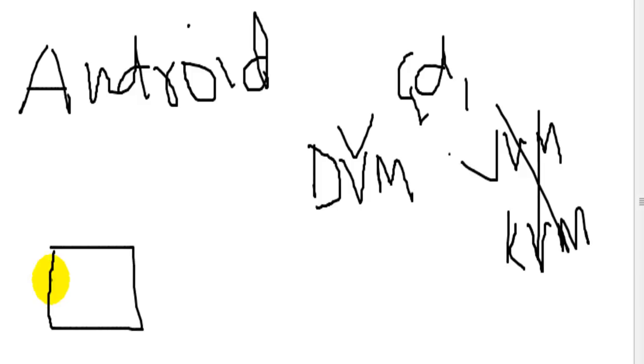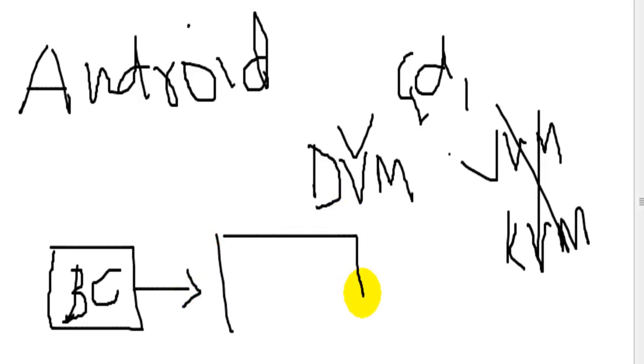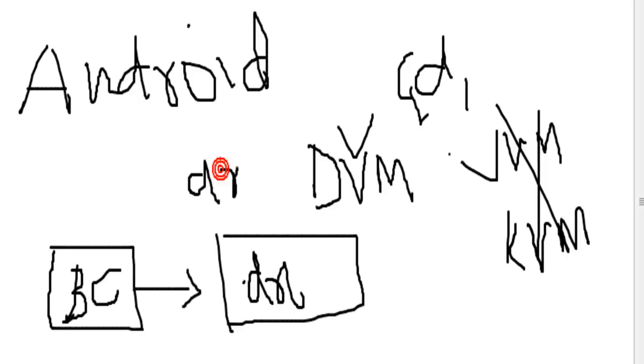So if you have the Java source code, then the class files, actually not source code I'm talking of, the Java class files or bytecode. So if you got a bytecode here, this is having normal class files. I can't run it on the Android based system because we have the Dalvik virtual machine, so I need to convert that into .dex, and this is done by the DX tool.